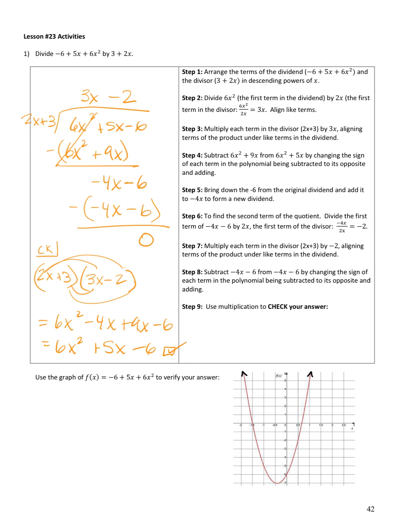Okay, so looking at the graph of -6 plus 5x plus 6x squared, I want to verify my answer using this graph. So I know I should have zeros. To find zeros, I'm going to set my function 2x plus 3 times 3x minus 2 equal to 0. So then I set each factor to 0 separately.